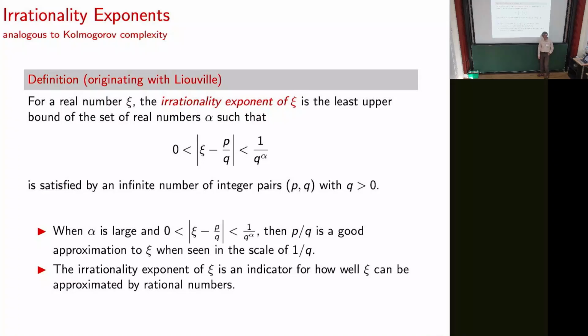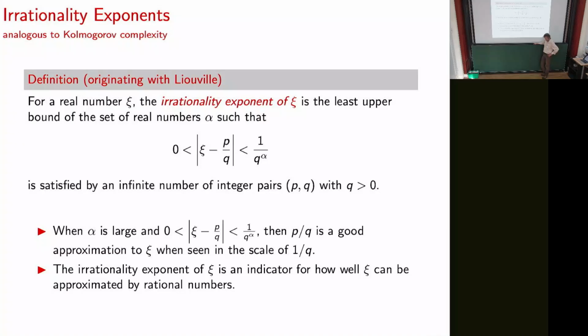And if you think of it in terms of Kolmogorov complexity, doing it in binary, the specification of q is of length something like log q. And p is between 0 and 1, because the integer part doesn't matter much.